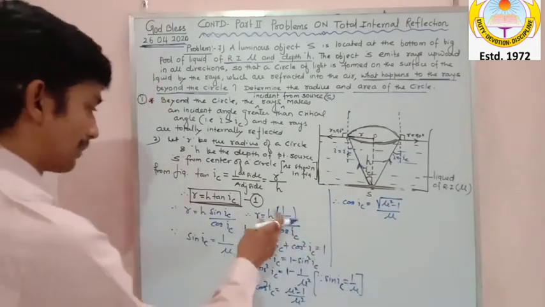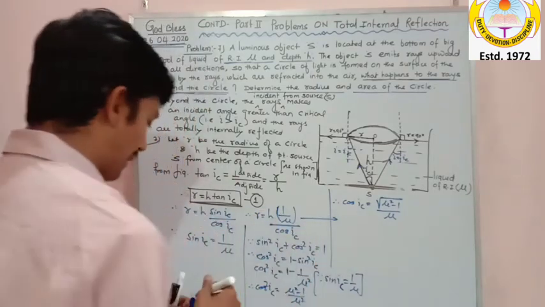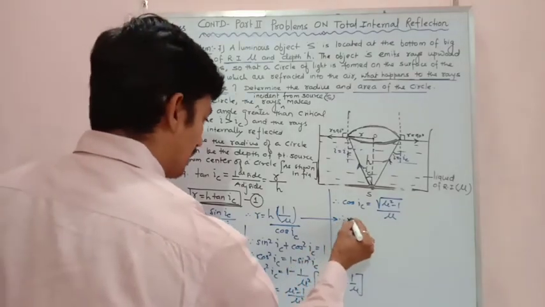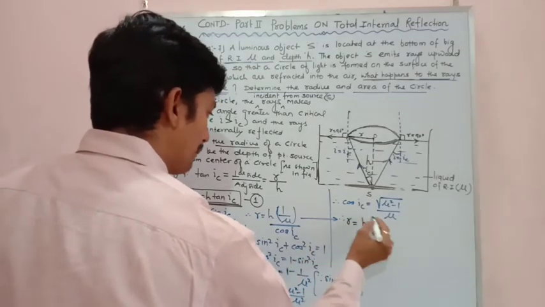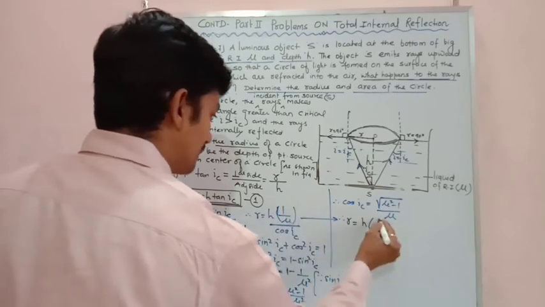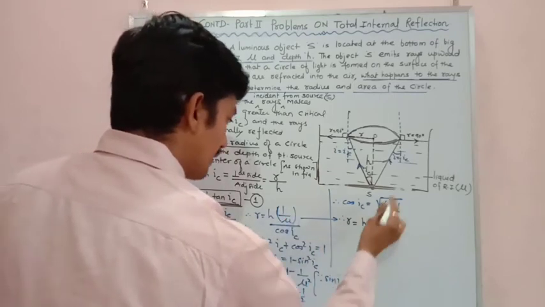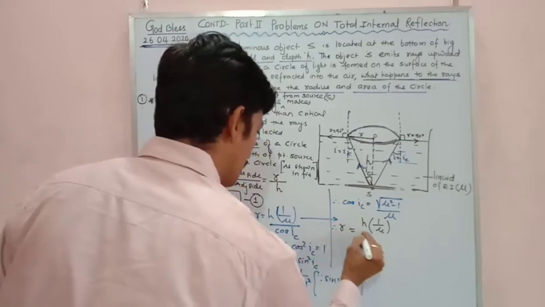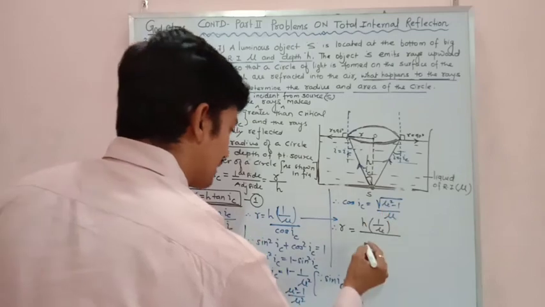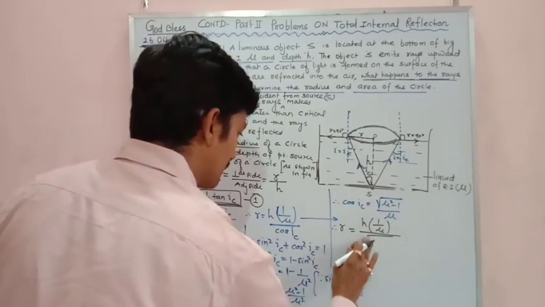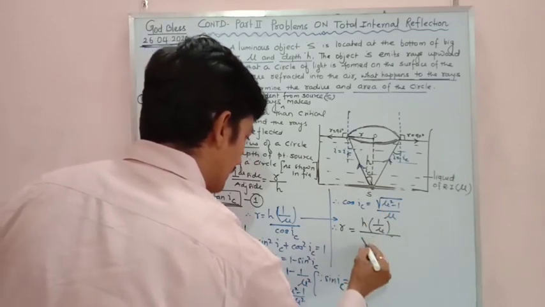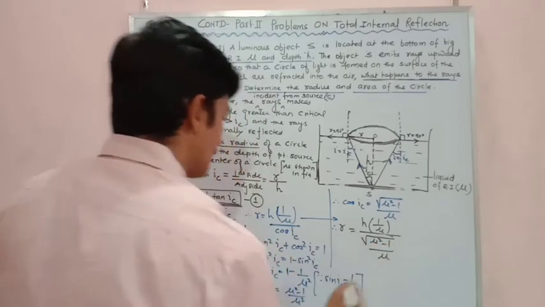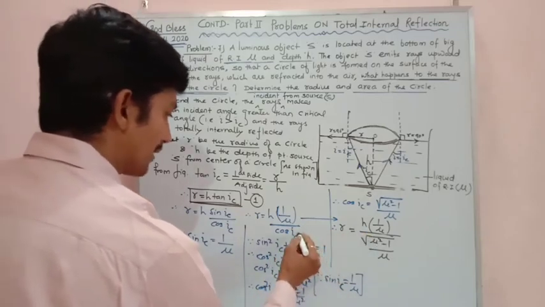Now if I substitute, the next step is the value for R. Therefore R is equal to H into 1 by mu, divided by under root of mu square minus 1 upon mu, because cos IC is this.